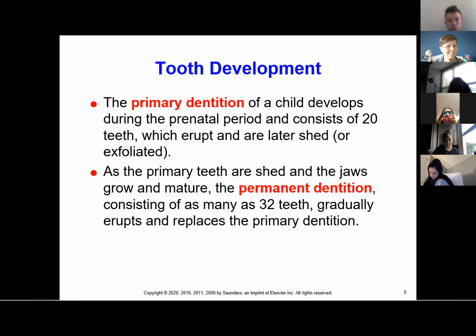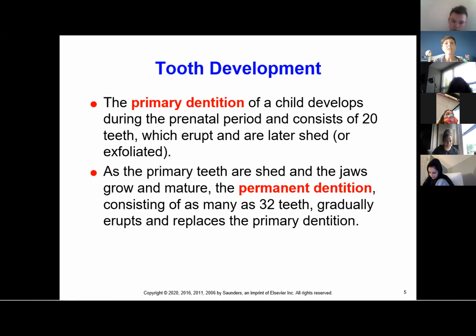At 6, they get their first permanent molar. Gotcha. So you've got your 6-year-old molar, your 12-year-old molar, or your second molar, and then your wisdom tooth, which is your third molar. Your baby molars, your first primary molar and your second primary molar, fall out and you get your premolars or bicuspids. Okay. Great try though. Thanks, Bree.